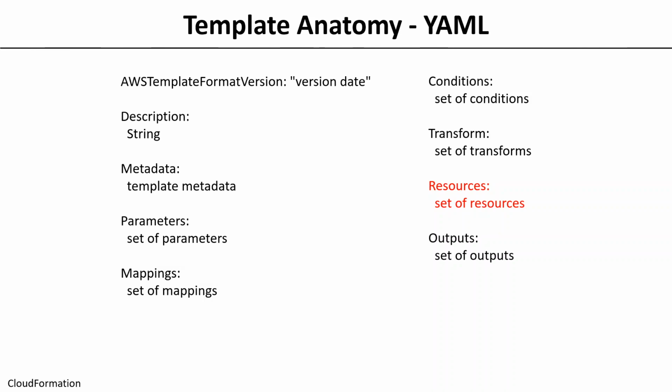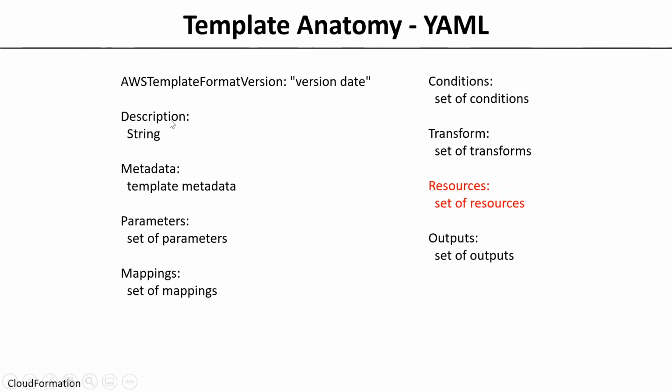YAML format is relatively simple compared to JSON, because it doesn't have a lot of open brackets, close brackets, and commas to be used. So depending on whatever you are comfortable with, either YAML or JSON, you can choose that respective format to create your template. The number of sections that we have remains the same.